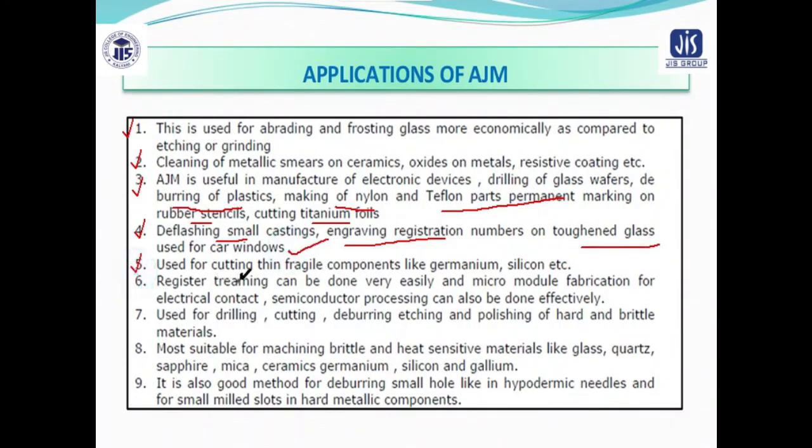Next, it is used for cutting thin fragile components like germanium and silicon. Next, it is used for trimming and micro-miniature fabrication, for electrical components, semiconductor processing, and it can also be done effectively. Next, we are using it for drilling, cutting, deburring, etching and polishing for both hard and brittle materials.